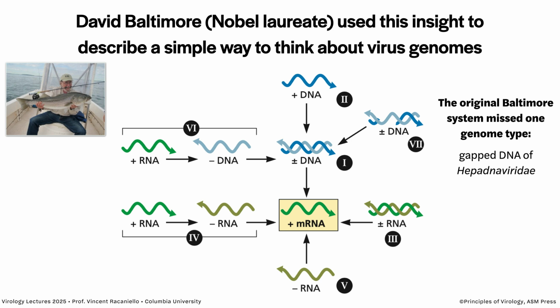We also have negative strand RNAs. Now, negative strand, the definition of negative strand is the opposite polarity of message. So these virus genomes cannot be translated into protein. So they first have to be copied to plus RNA. We also have viruses with plus RNA, which means it's the same polarity as message.